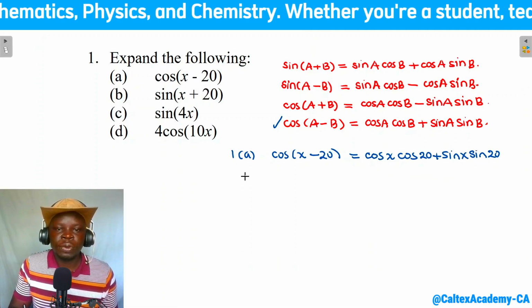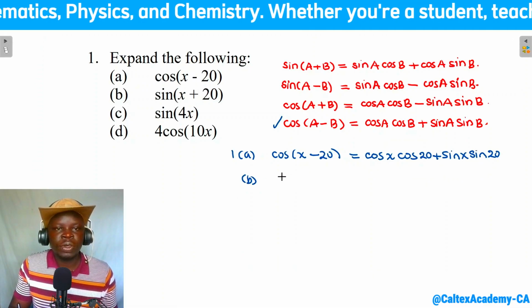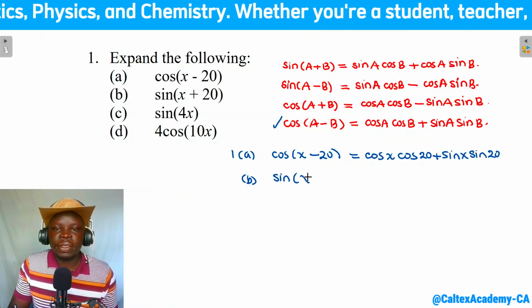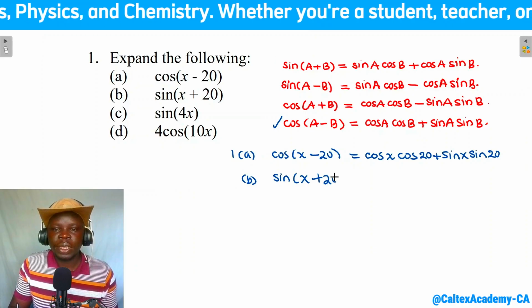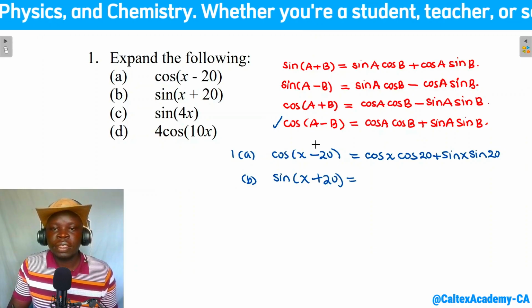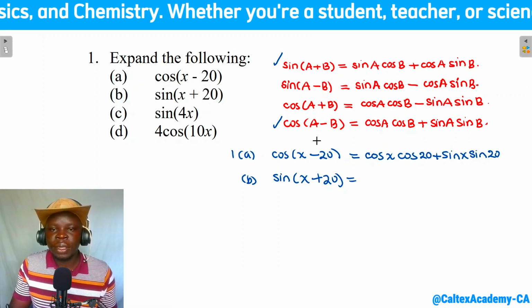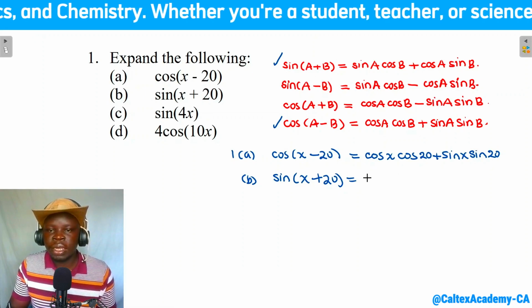So let's move on to part B of the question that says we're expanding sine of x plus 20. And this is the same as the first formula, a plus b, where we're adding these two angles together.